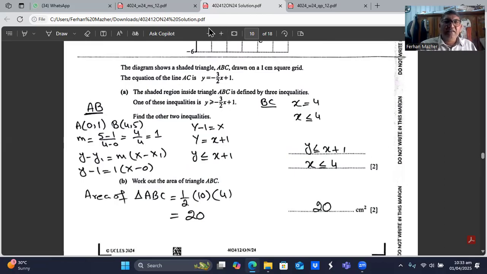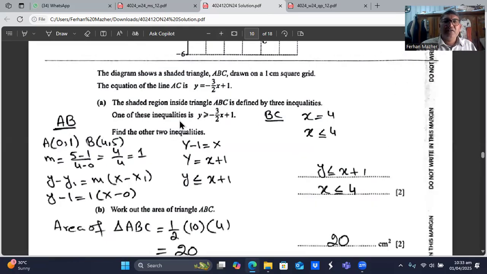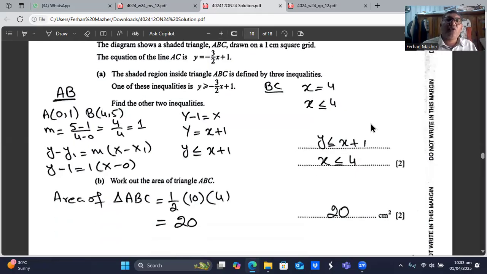So for the line AB, we know the coordinates of A, that are 0, 1, and B, that is 4, 5. So I will find the gradient of AB, that will be y2 minus y1 divided by x2 minus x1. So it will be 5 minus 1 divided by 4 minus 0. That's 4 by 4, that is 1. The gradient is 1.